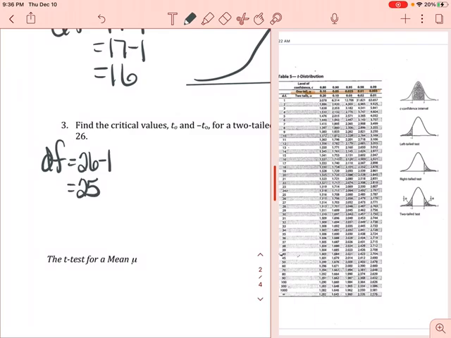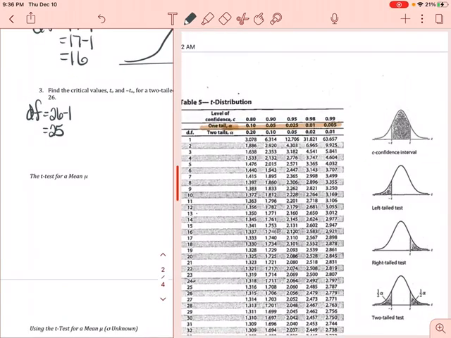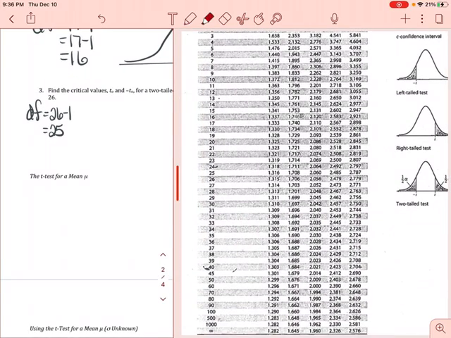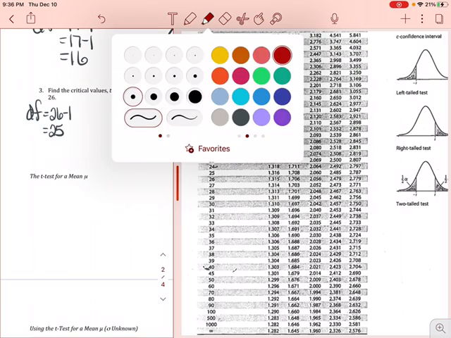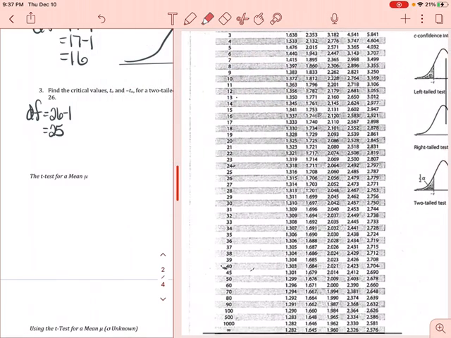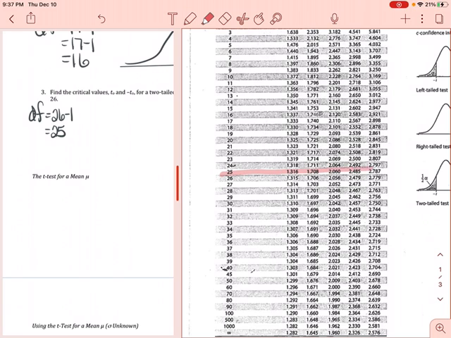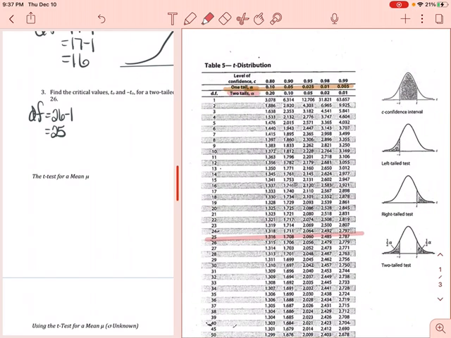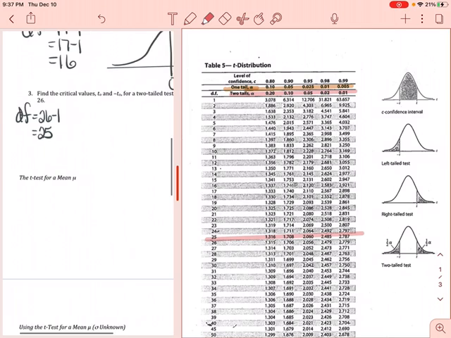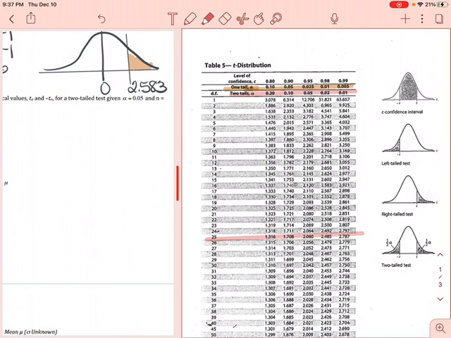We're going to go to row 25. We go to the two-tail row, and to the column for 0.05.